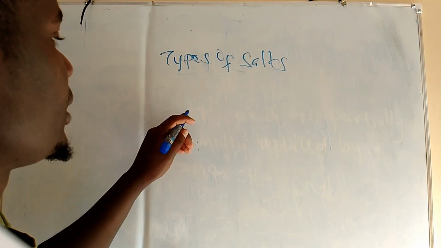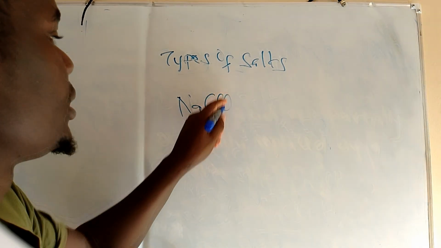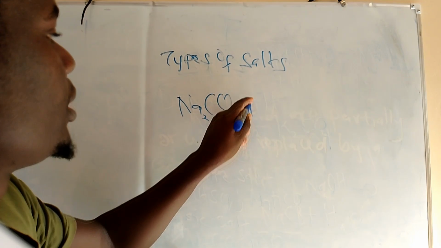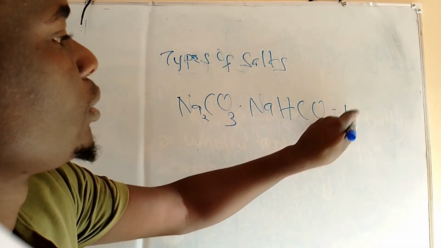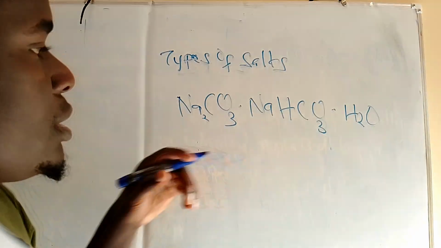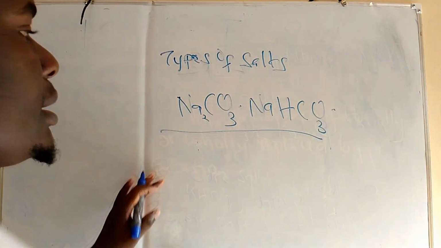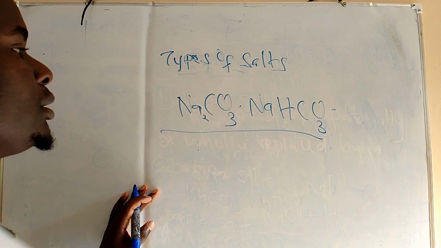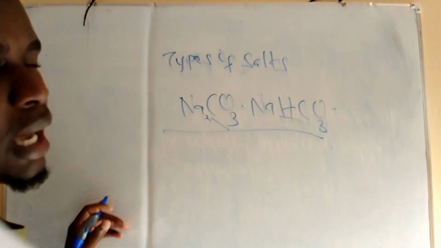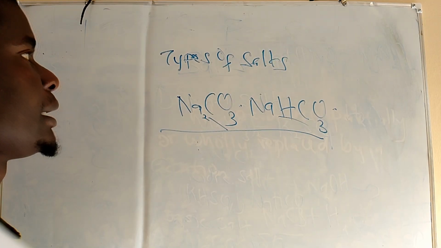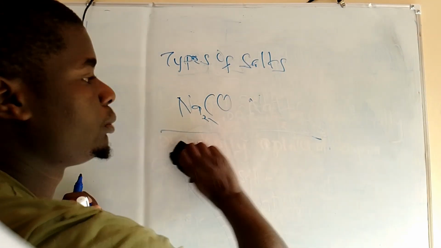Like a salt such as trona, which is sodium carbonate and sodium hydrogen carbonate, plus it contains water of crystallization. This is a double salt. It contains two anions, the carbonate and also the hydrogen carbonate. That is our double salt.